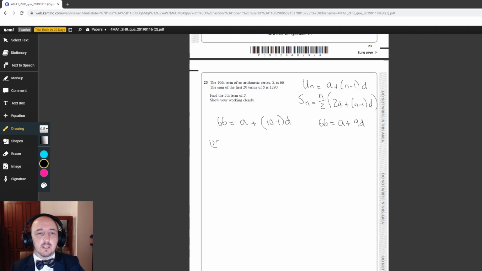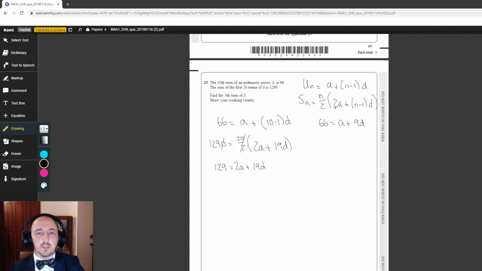So 1290 is n over 2, 20 over 2, times 2a plus 20 minus 1, 19d. So 20 over 2 is 10, so I'm going to divide by 10, and I get 129 equals 2a plus 19d. So I've got some simultaneous equations here.